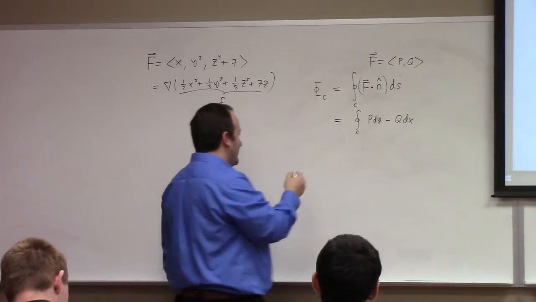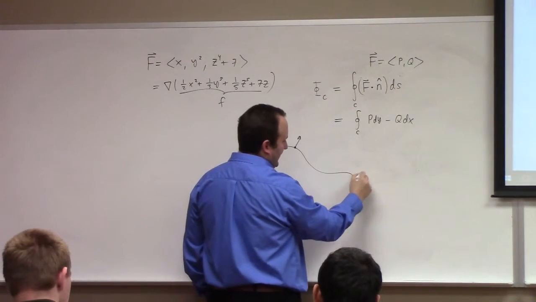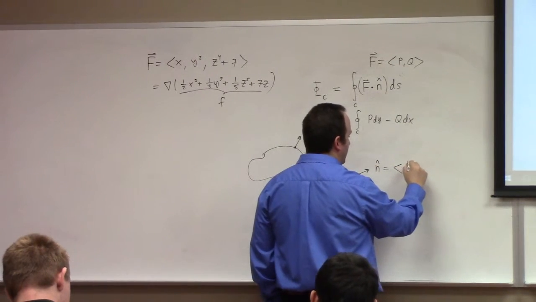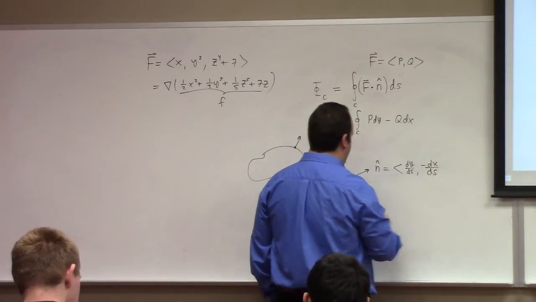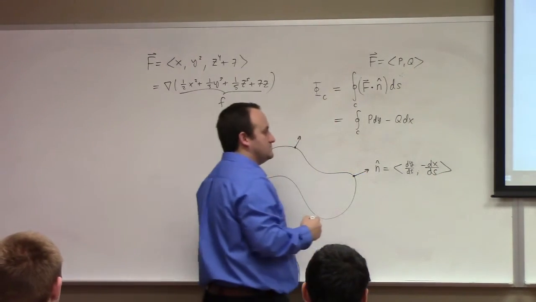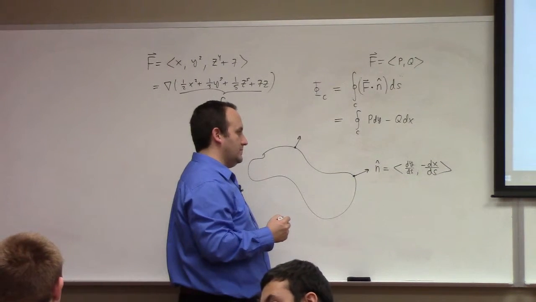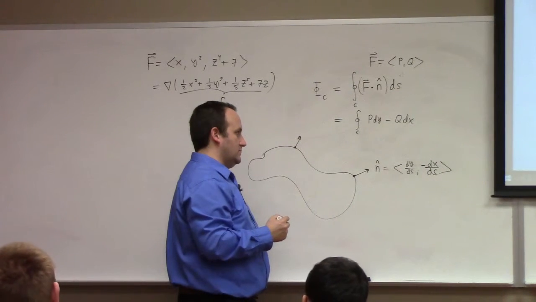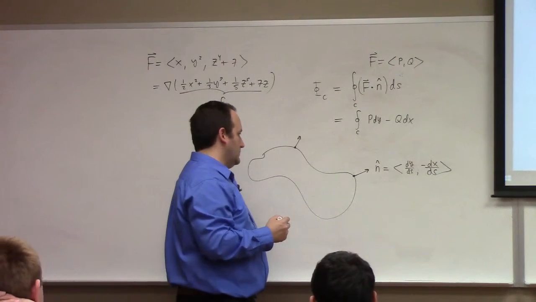The way I remember is to look at a little picture and convince myself what the little n hat looks like. So apparently n hat is dy/ds minus dx/ds. Let me make sure this makes sense.